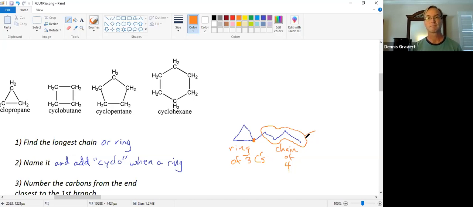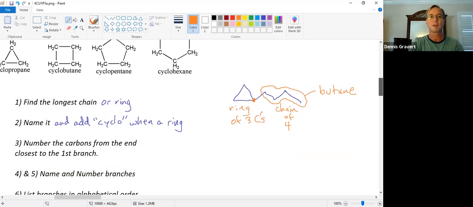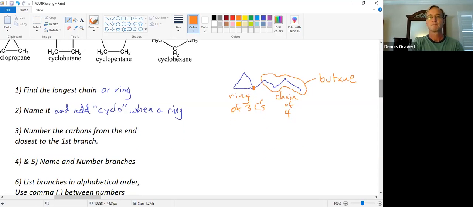Step 2 is to name it. Mabel eats peanut butter. Butter, 4 carbons. 4th word in Mabel eats peanut butter. So butane. And it's not a ring, so the full parent name is butane. That's step 2. Step 3, we have to number the parent. Okay, let's do that.